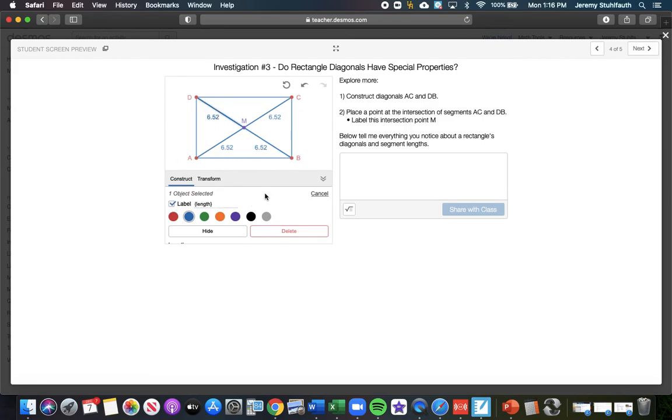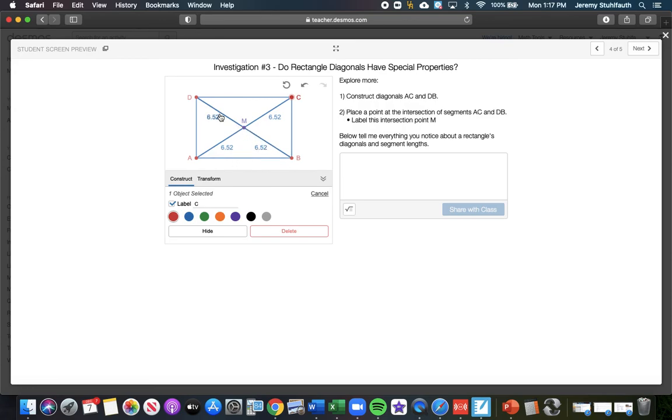And so if you take a look at this, you should notice 2 things about the lengths of the diagonals. First of all, the length from D to B is 6.52 plus 6.52. The length from A to C is 6.52 plus 6.52. Again, if you look at that, you should notice that the diagonals are congruent.